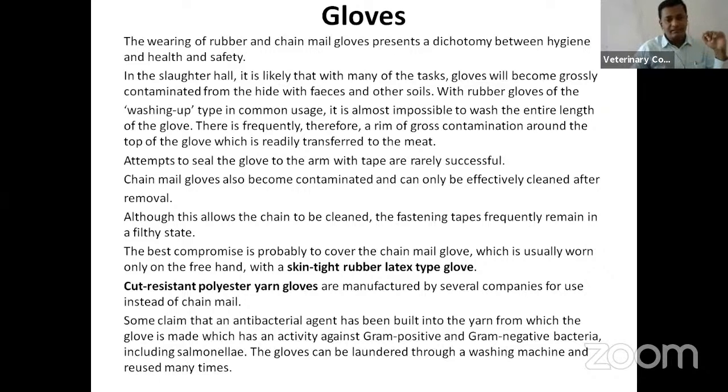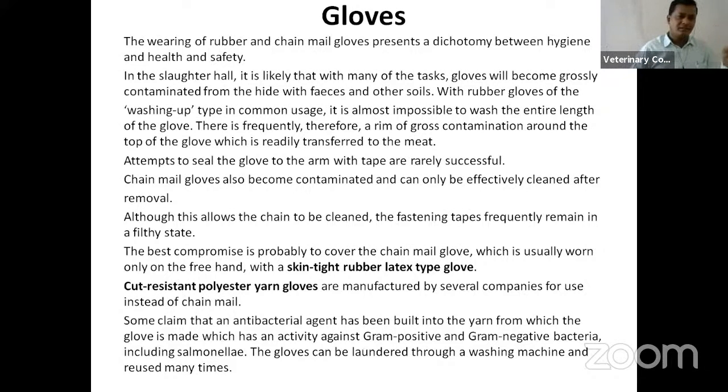They can be easily cleaned and reused instead of chainmail. Chainmail is a bit difficult to clean because it has certain locations for microbial hideouts. But these polymers are better because they can be easily cleansed and they are thermotolerant, heat resistant also. Skin tight rubber latex type gloves are also complemented with chainmail gloves.